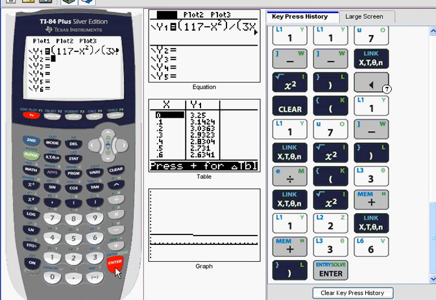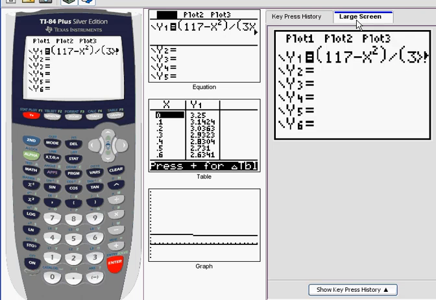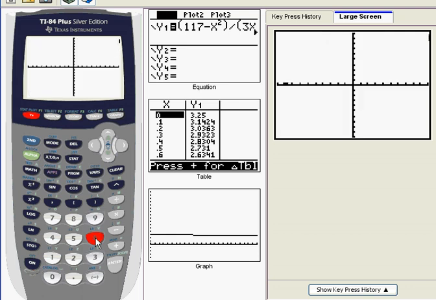And there we go. So now what I'm going to do is I'm going to get a picture of this graph. So here we go. I'm going to go to zoom 6 to get started. And we'll see this picture. It does some fun stuff. But what you'll notice is, or if you think about it, we're really only interested in what happens when x gets really big.